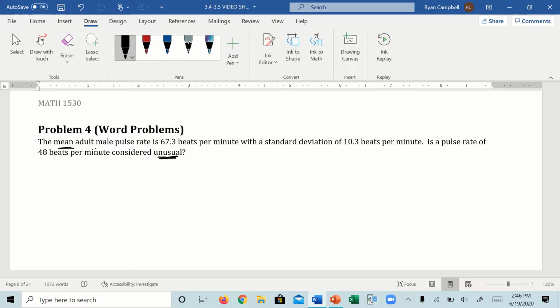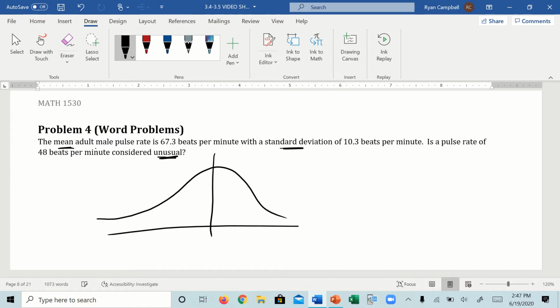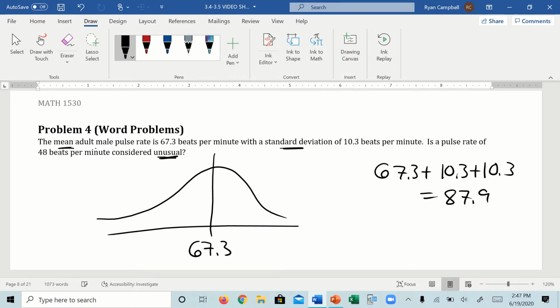We're given the mean and the standard deviation, so we can use that rule to figure out if it's unusual. What goes in the middle is 67.3. If we want to go 2 standard deviations above, we have to add 10.3 2 times. And when we do that, we end up with 87.9.